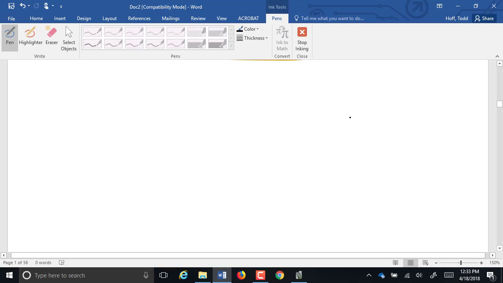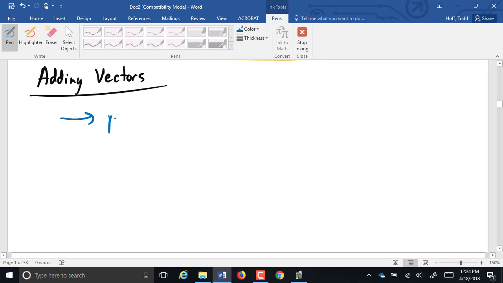So let's take a peek at adding vectors. Vector addition, adding vectors, is just taking the vectors and putting them head to tail, so they can combine to make a longer vector.